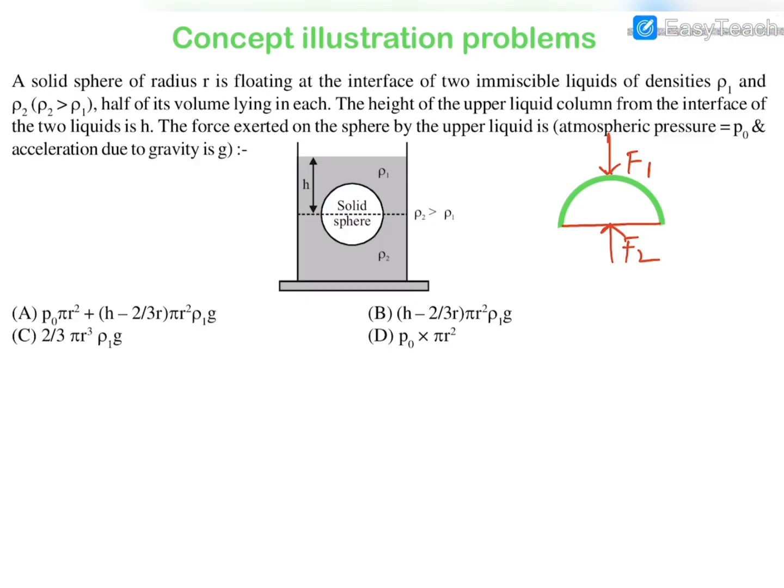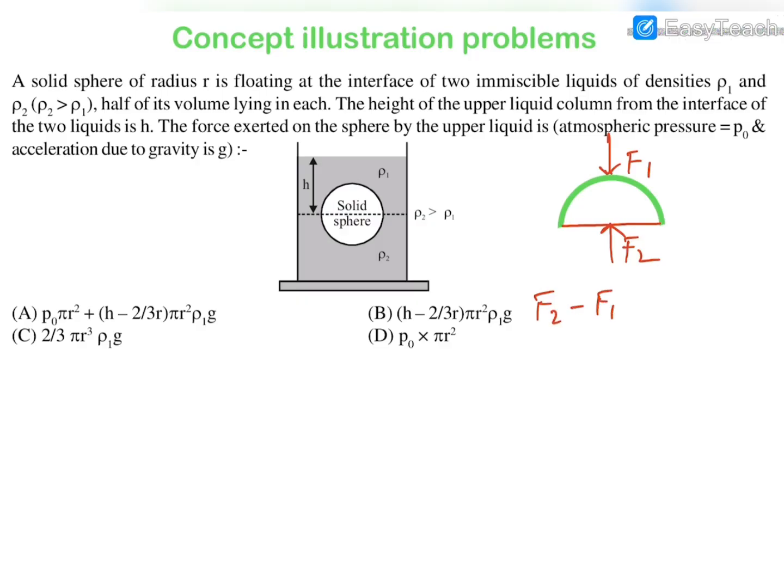I know that you are thinking that liquid is not present inside this, so why are we applying this force? Because we are just imagining this hemisphere, that if this hemisphere was alone, then the difference F2 minus F1 would be the buoyancy.